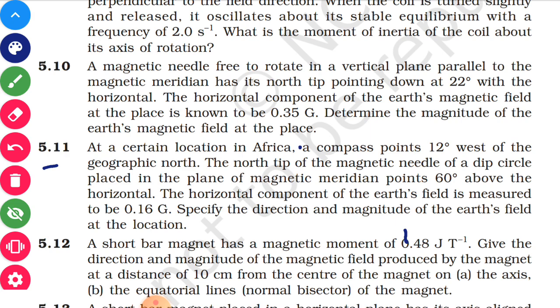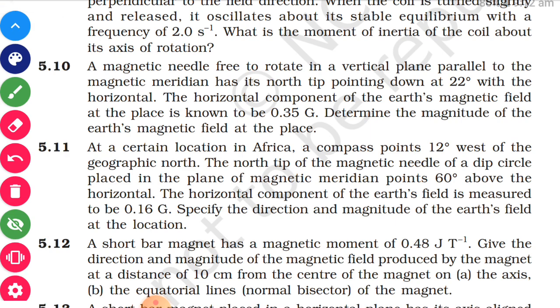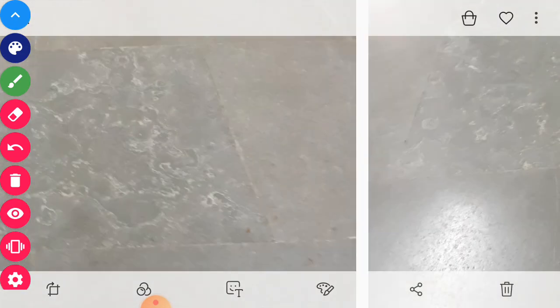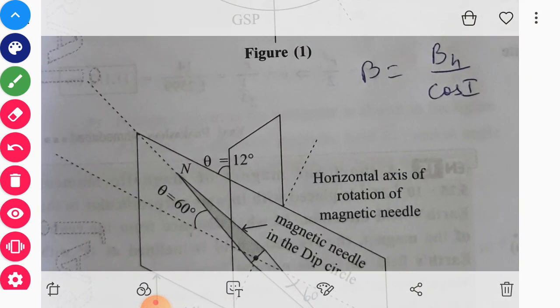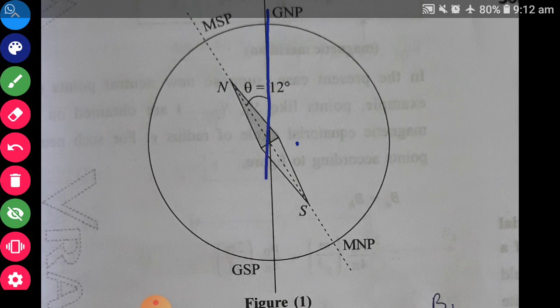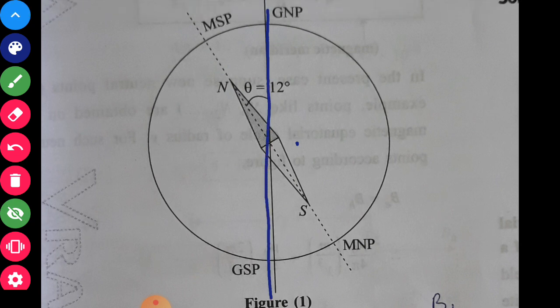Now try to understand the figure I am showing. The figure which is useful here is given here. This is the actual θ = 12 degrees. Now θ is 12 degrees, meaning the angle between geographic north, see, this is geographic north-south, or we can say the place which is having the geographic north and south in this direction.